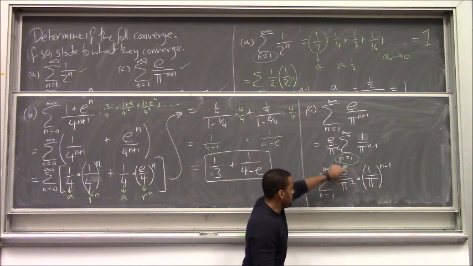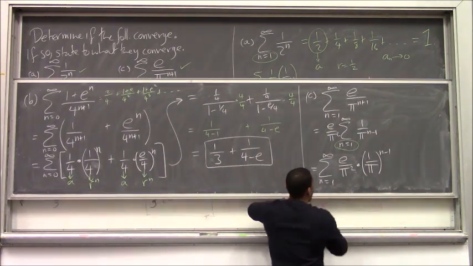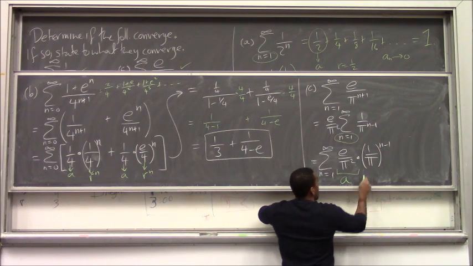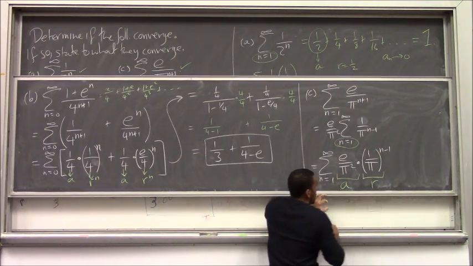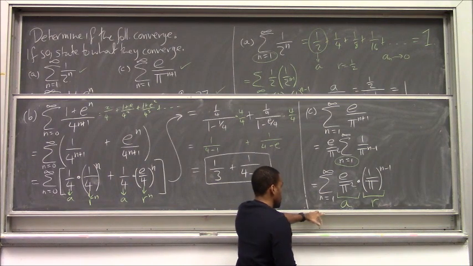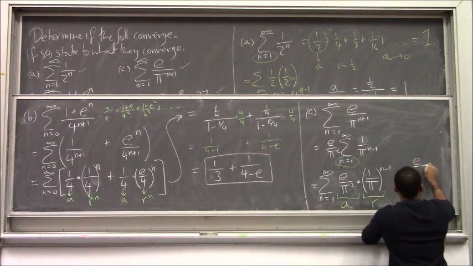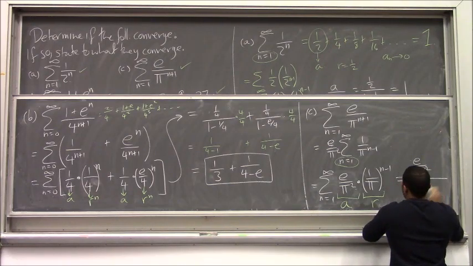Now that looks like a number times a number to the n minus 1, which means that this guy here is your a, that guy there is your r. Is r less than 1 in absolute value? Yeah, 1 over pi is definitely less than 1 in absolute value. So this actually converges to a over 1 minus r.